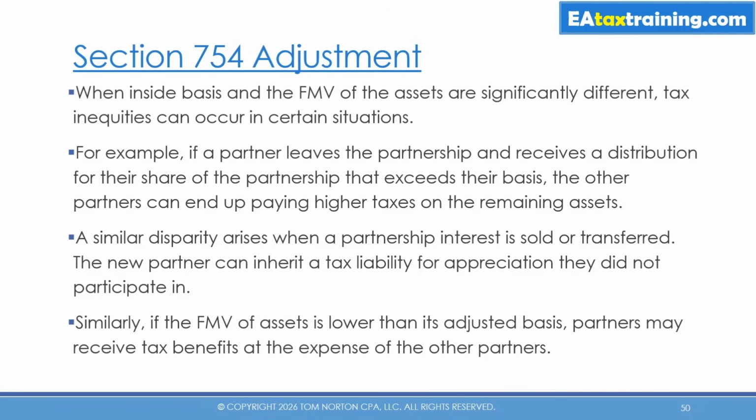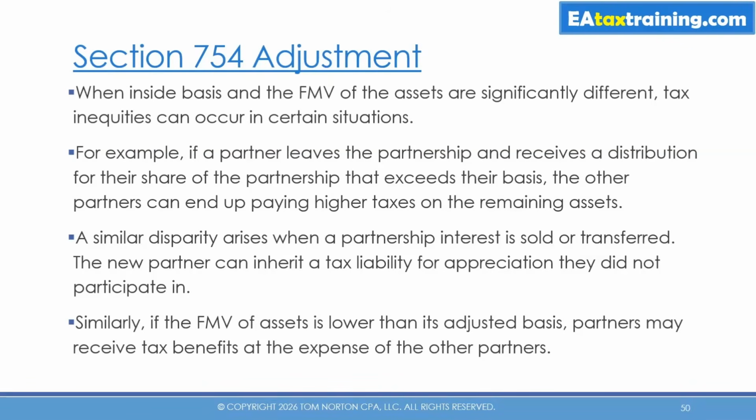So when the partnership owns appreciated assets, so they're worth more now than the partnership paid for them, when you have a distribution of assets, or when someone sells their interest in the partnership to a third party, you can have tax inequities that occur. A Section 754 adjustment is used to cure those, to fix those inequities.